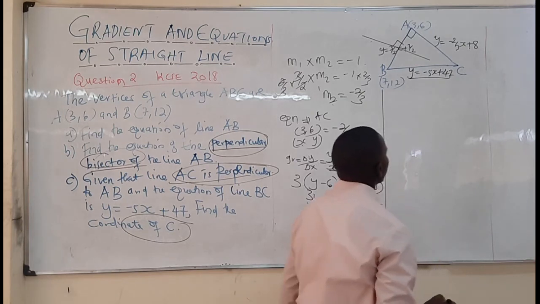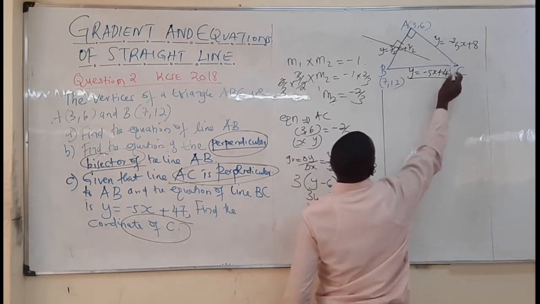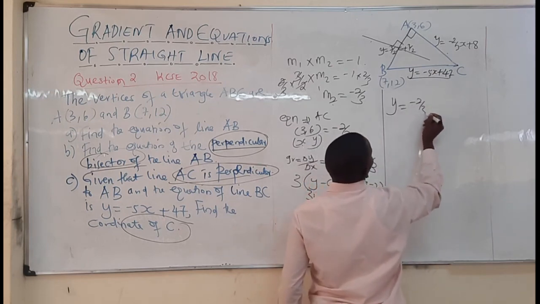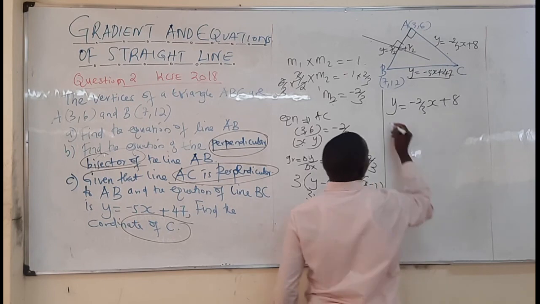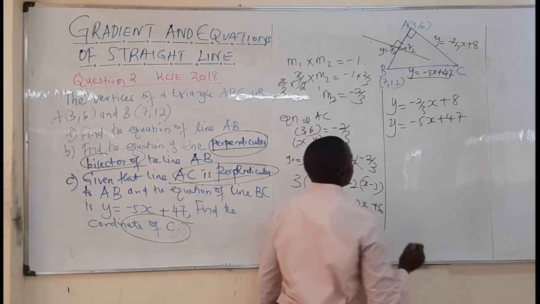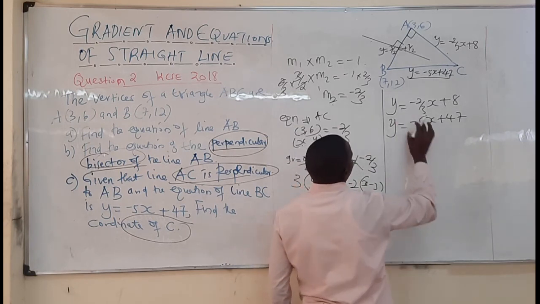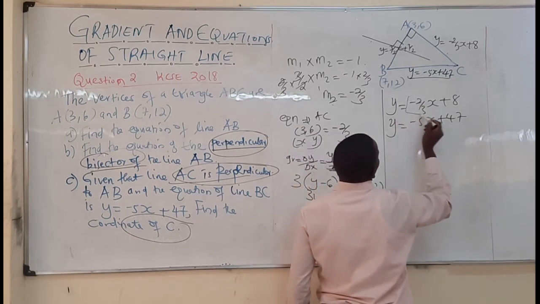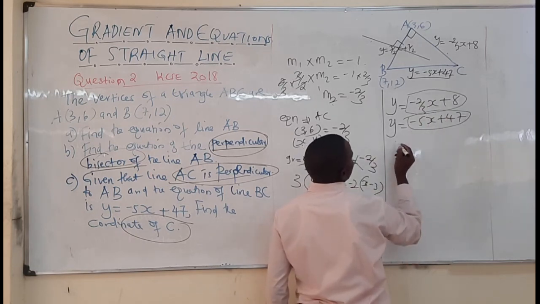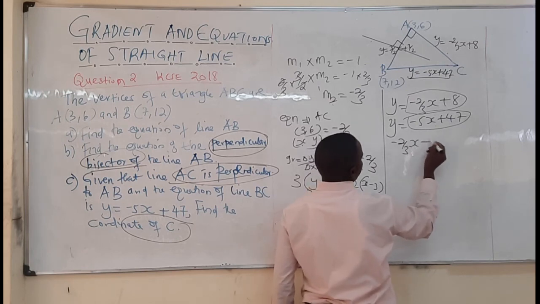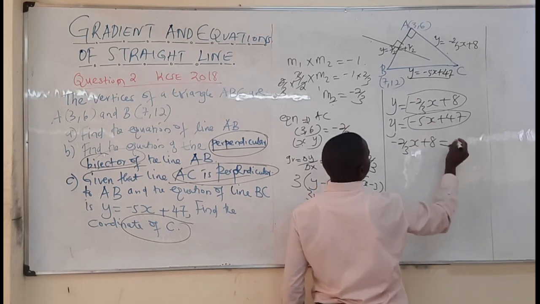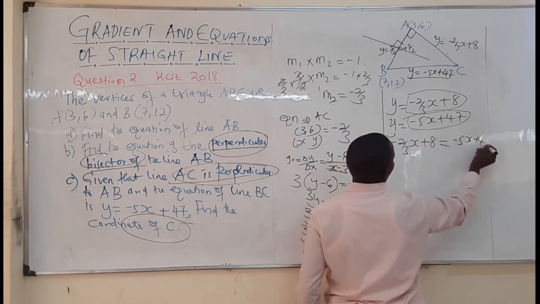So for us to get now the coordinates of C, we solve the two equations simultaneously. The first one is y equals minus 2 over 3x plus 8. The other one is y equals minus 5x plus 47. To solve these simultaneously, this is y and this is also y, so you can equate these two: minus 2 over 3x plus 8 is equal to minus 5x plus 47.